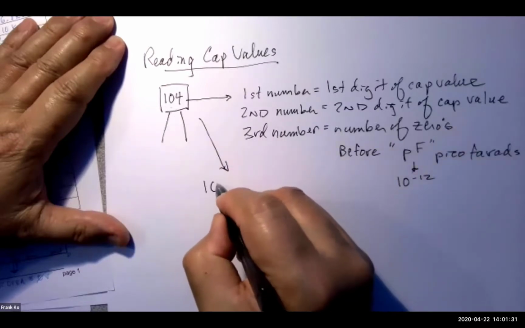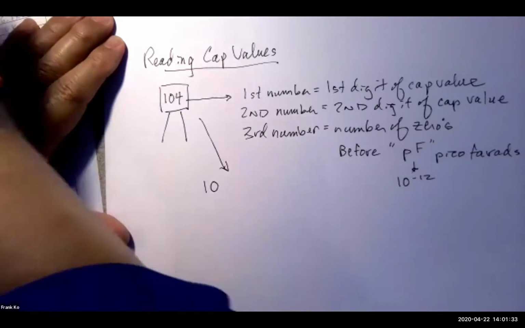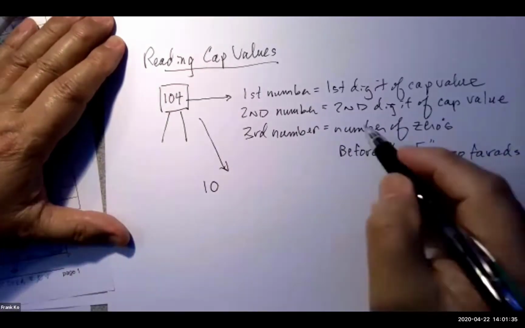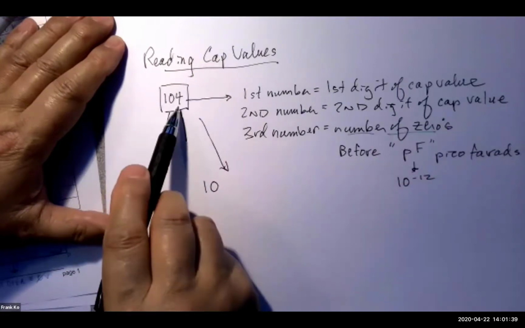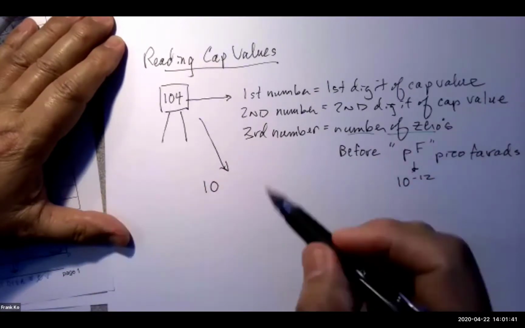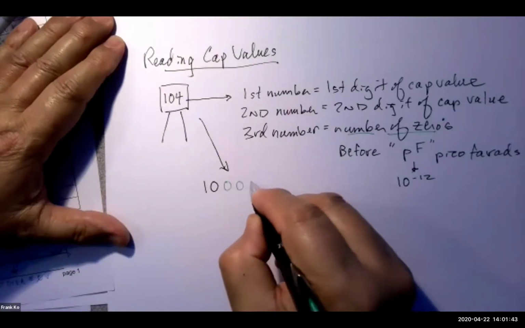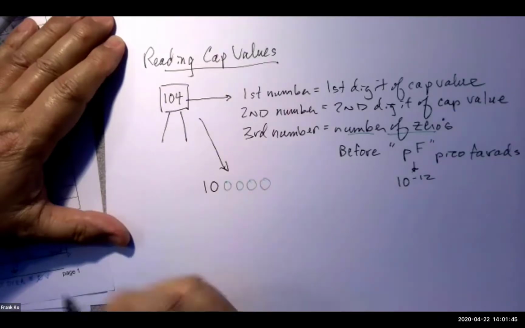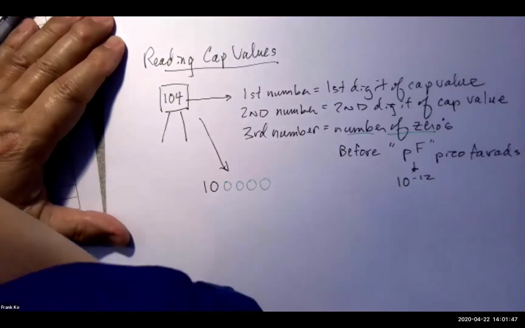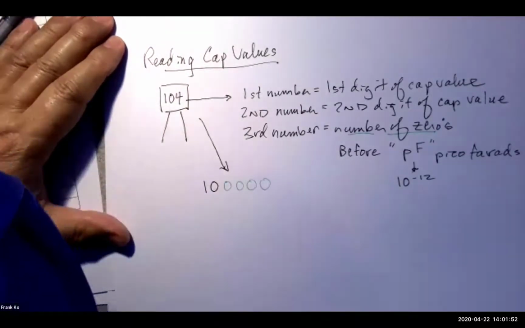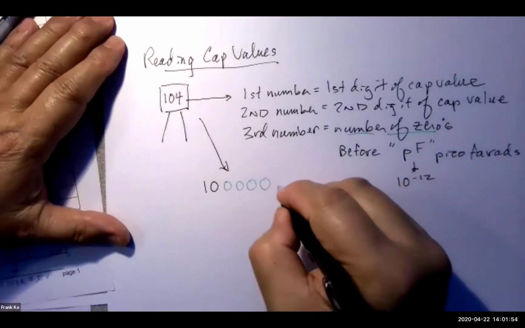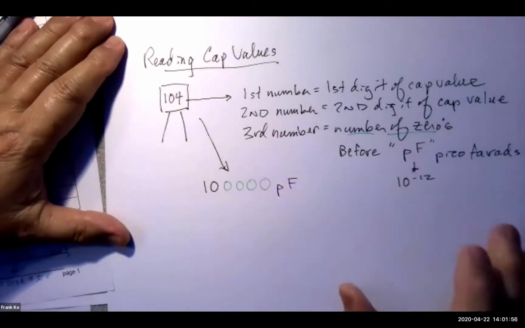The third number represents the number of zeros, which is 4. So I write down 4 zeros: 1, 2, 3, 4. And all of this is in units of picofarads.